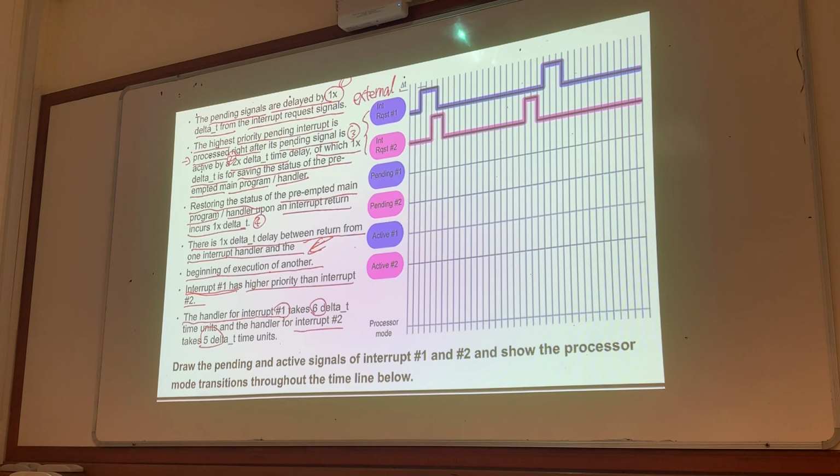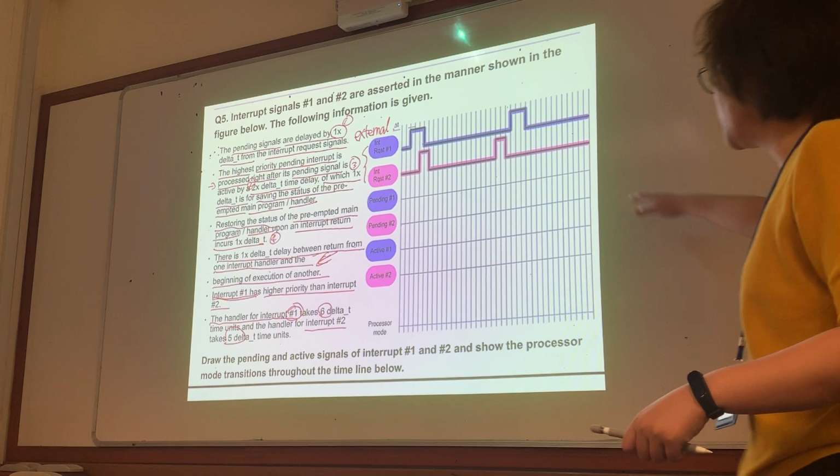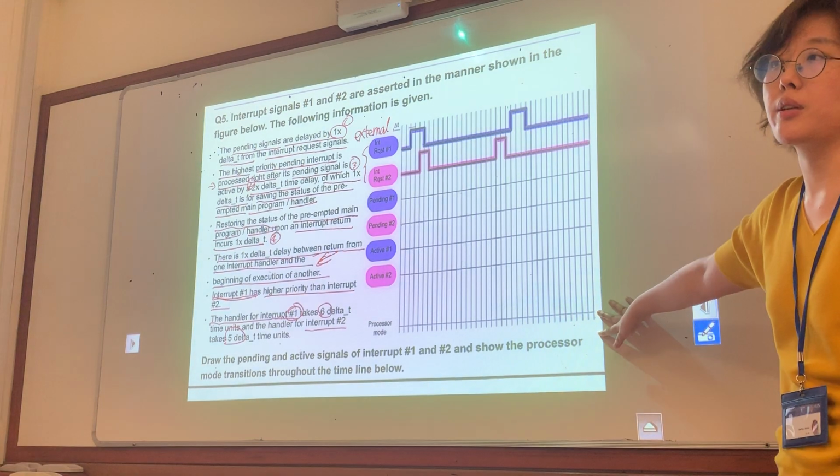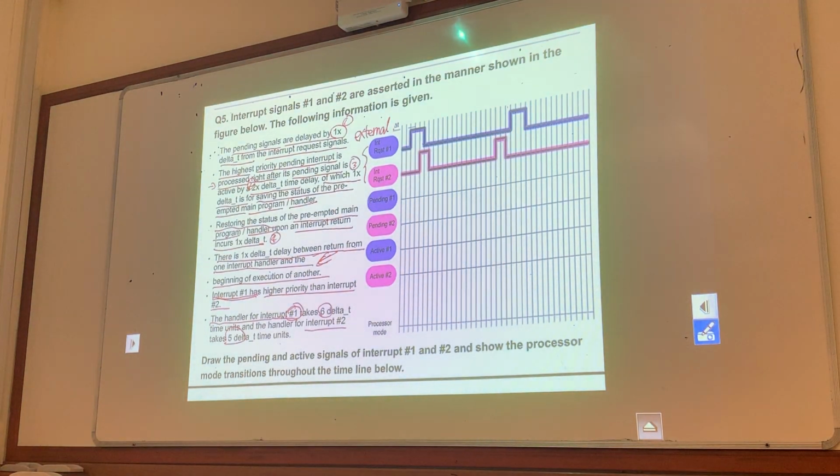So basically, the handler for ENT1 will consume 6 delta time, and interrupt 2 will take 5 delta time. So you see all this information needs to be given so that now we are ready to draw the processor mode. Let's see how to do that.